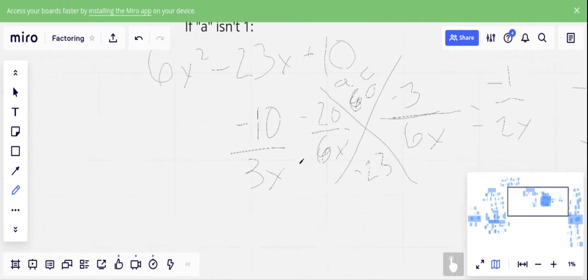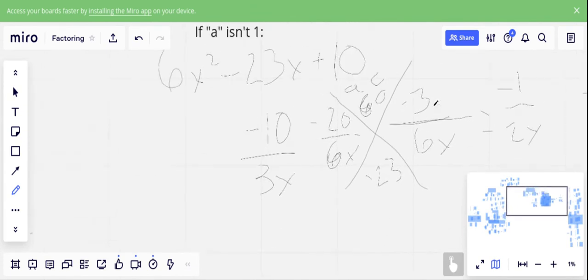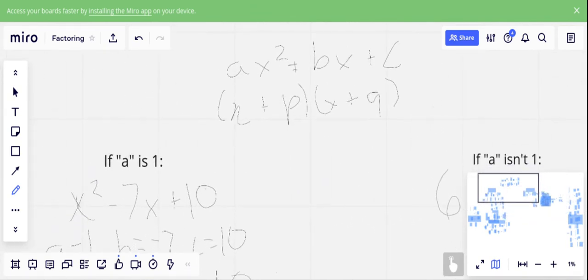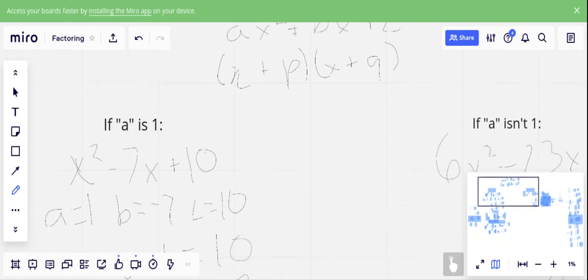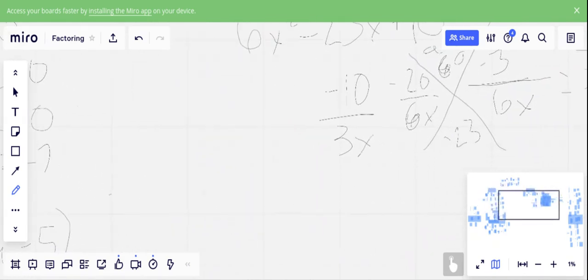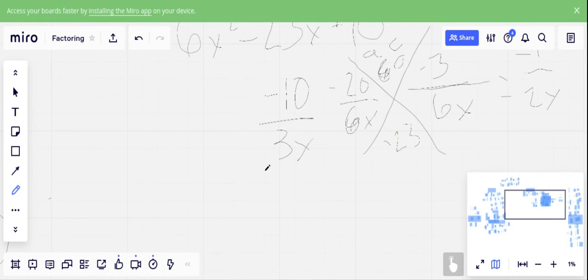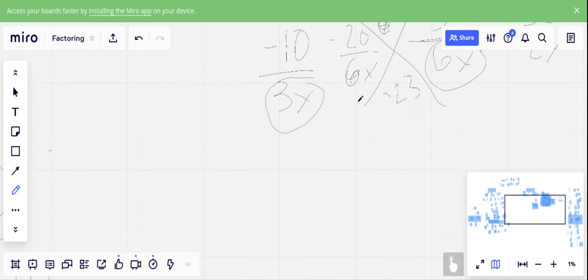So now with these two terms, we still have to put them into the regular factored form, x plus p times x plus q. There's just one more step in doing that. We have to take the denominator, the simplified a with the x, and put it into the x term of the factored form.